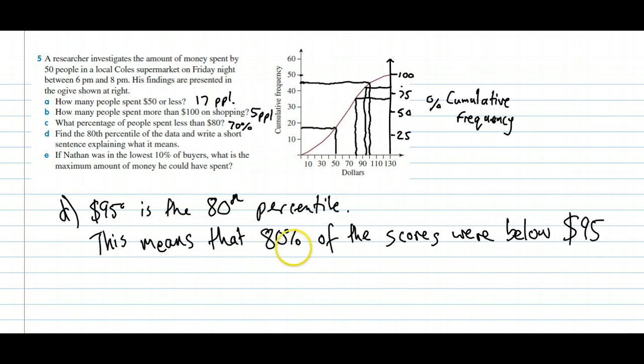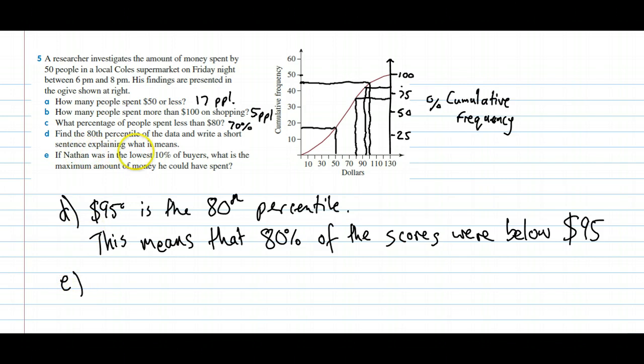And on a test, given a question like this, you'd be allowed a bit of leeway in your answers. A few dollars either way or a few percent either way would still be given a correct answer. Although there is probably one exact correct answer, given that we're estimating on a graph that's not exactly clear, we have to allow for a bit of error on either side of our answers.